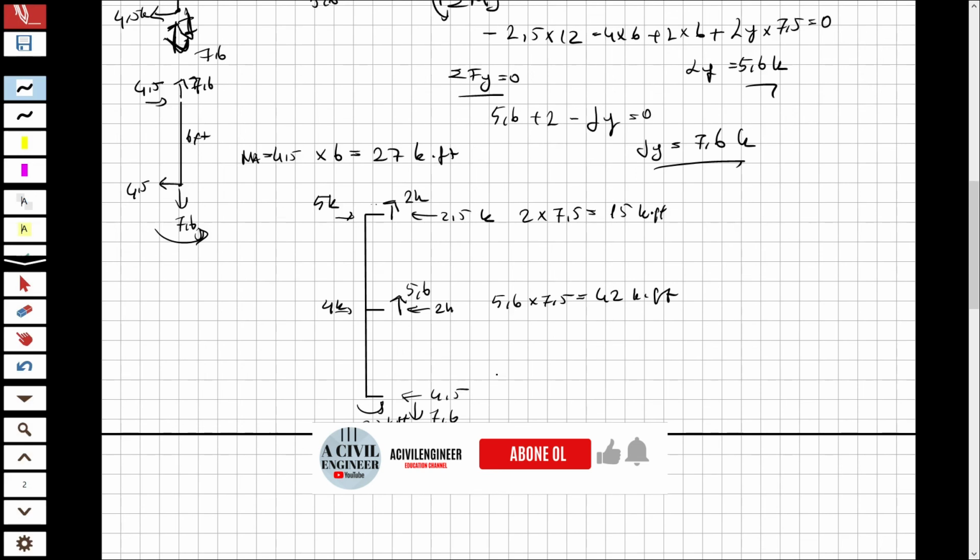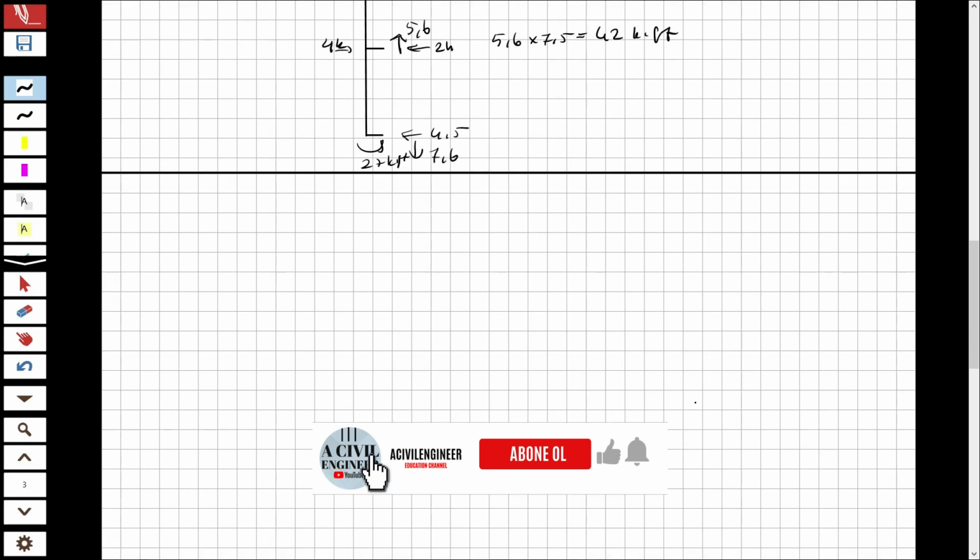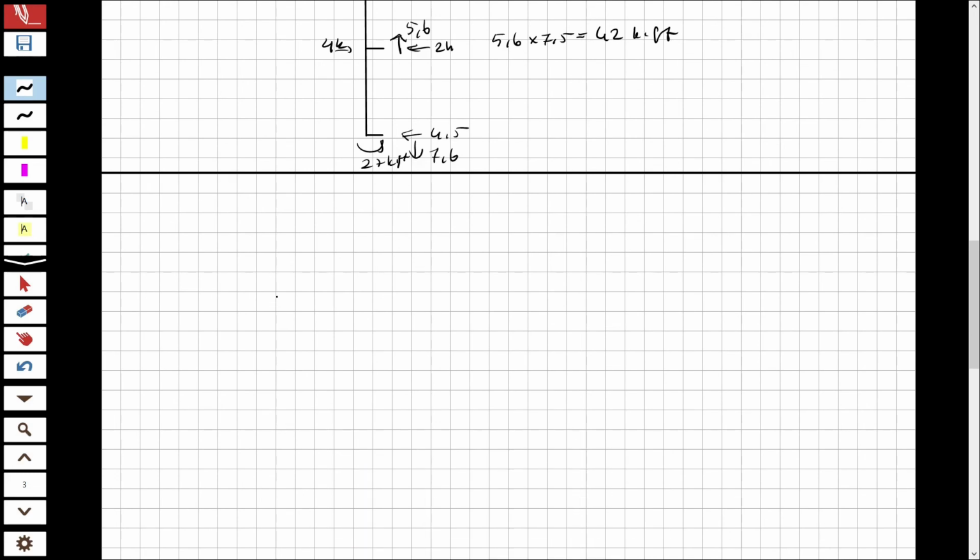So let's draw the moment diagram also. For the moment diagram, it's going to be something like that. I'm going to lay it down. I have a 27 moment here, 27.